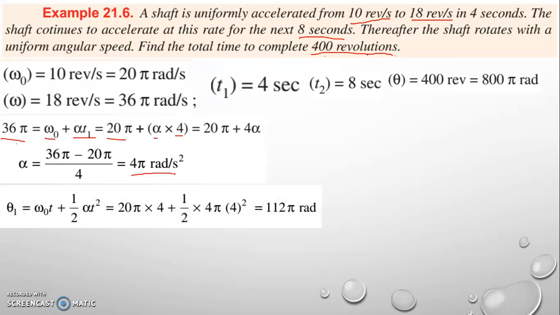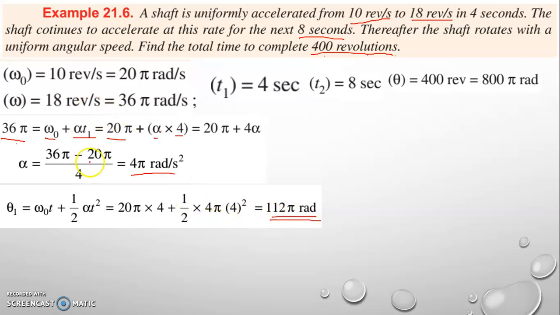First we calculate theta 1, which is omega naught t plus half alpha t square, where omega naught is the initial velocity, that is 20 pi, into t. The time taken is 4 seconds for the first portion, 8 seconds for the second portion, and then the remaining. So t equals 4 seconds. We get the initial distance traveled as 112 pi.